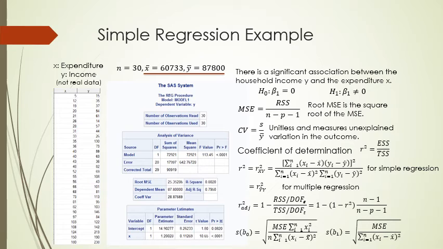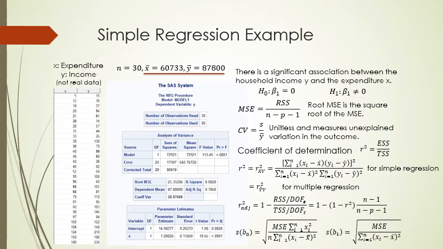The coefficient of determination R squared is the most commonly used measure of the goodness of fit of a linear regression model. It is the ratio of the explained sum of squares to the total sum of squares, known as the proportion of variance explained.